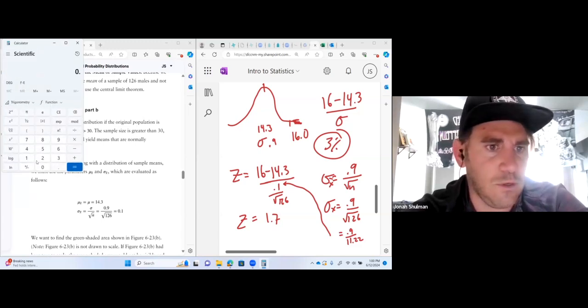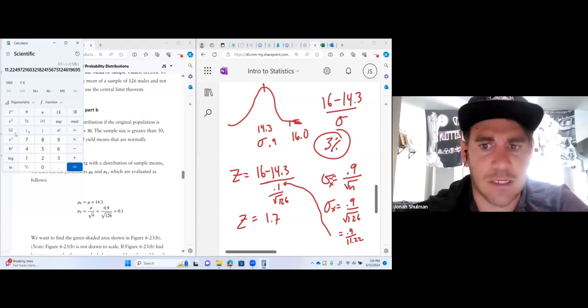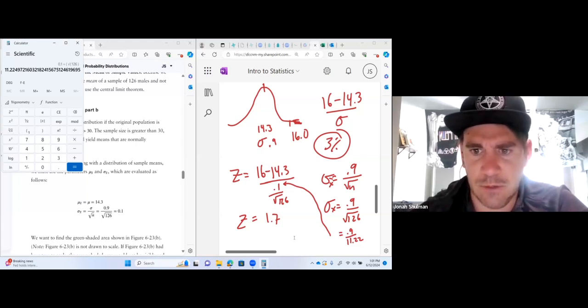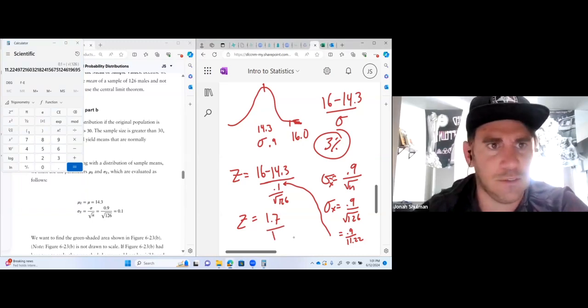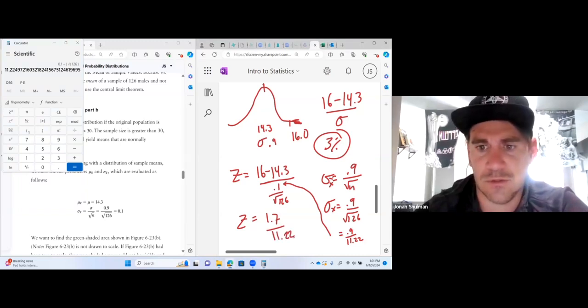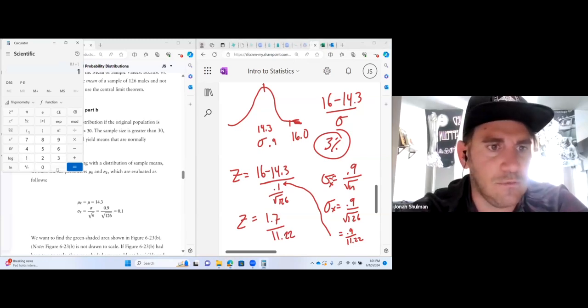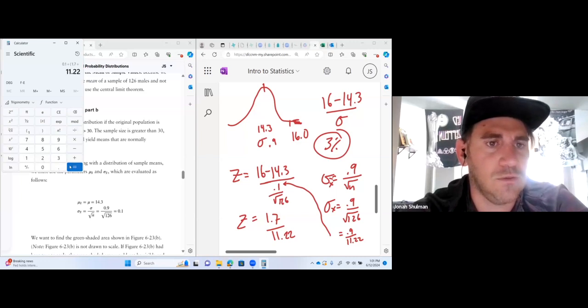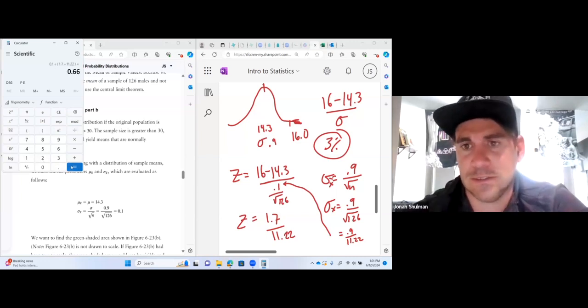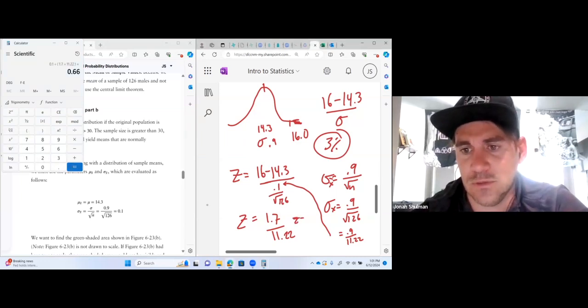So the bottom is going to be the square root of 126, which we already have from over here. It's the 11.22. So our final answer is just going to be 1.7 divided by 11.22, which is 0.66. There's our z-score.